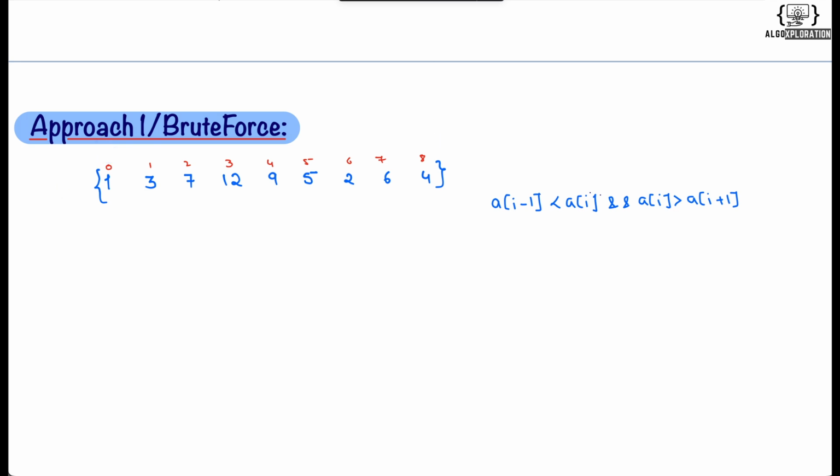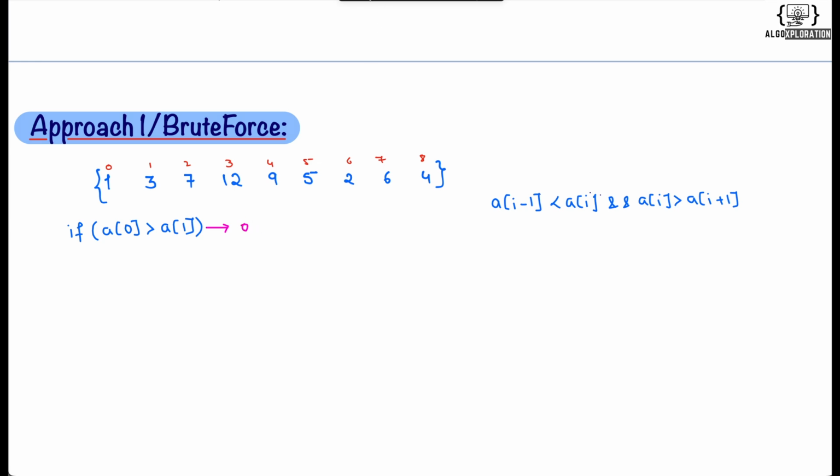So what we can do is simply have: if a of 0 is greater than a of 1, sorry, if this is the case, then we can simply return 0.